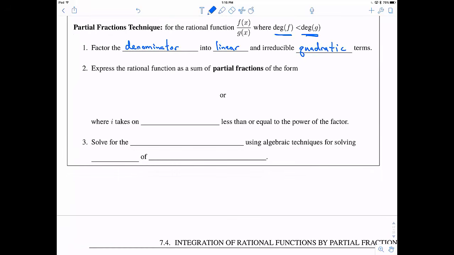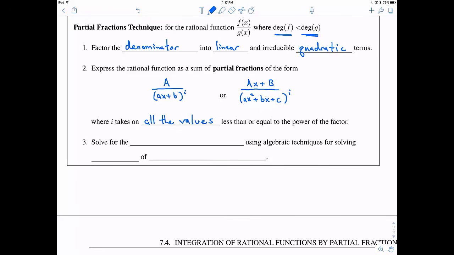The second step is that we're going to express the rational function as a sum of partial fractions of the form A over (ax + b) raised to some power i for the linear terms, or, for the irreducible quadratic terms, (Ax + B) over (ax squared + bx + c) raised to some power i, where i takes on all the values less than or equal to the power of the factor.